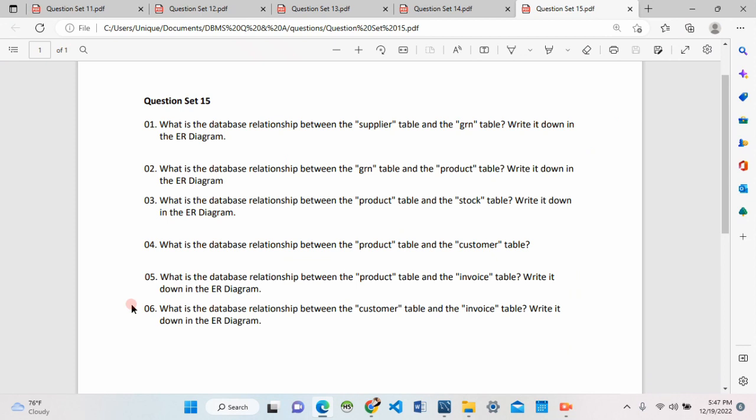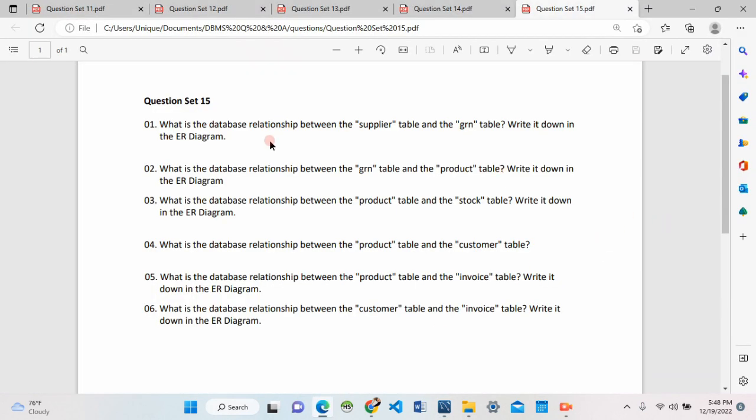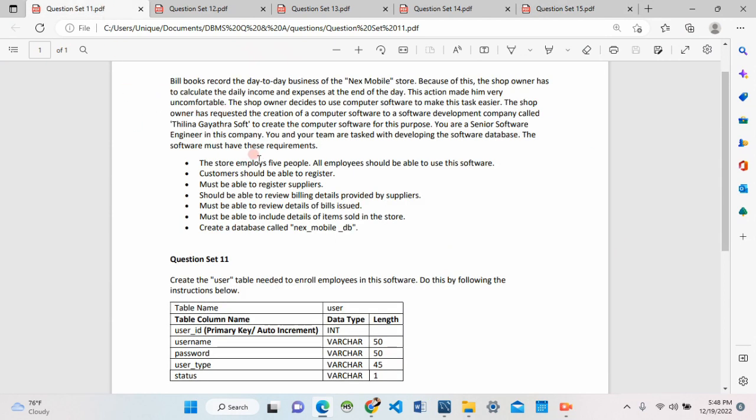What is the database relationship between the customer table and the invoice table? Write it down in the ER diagram. So if we see it in the ER diagram, this is the customer table and this is the invoice table. This is the relationship between them. And this is how I complete question set 15, which was related to the main question in question set 11.